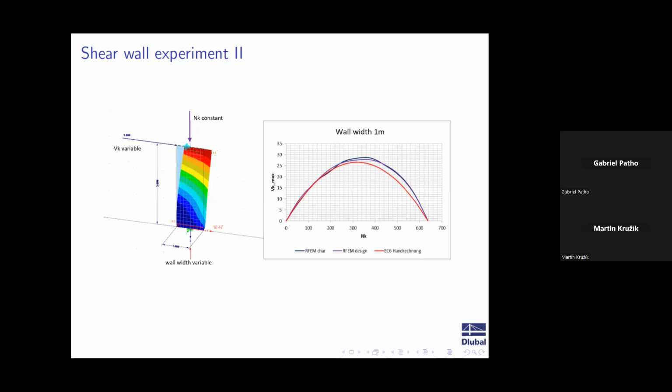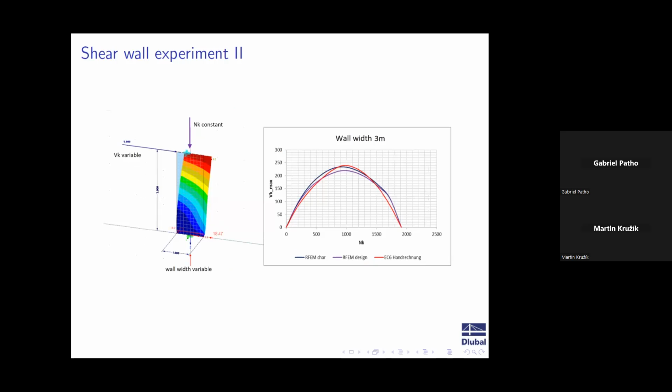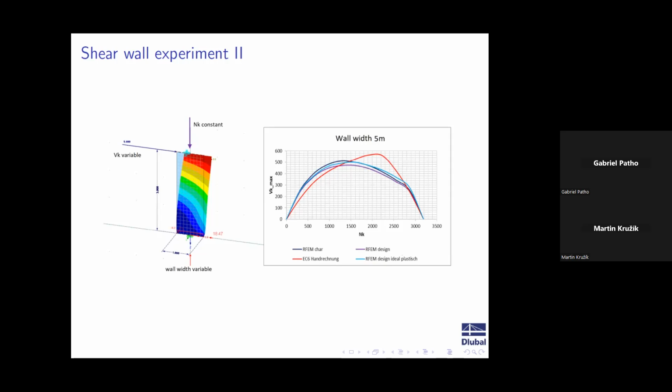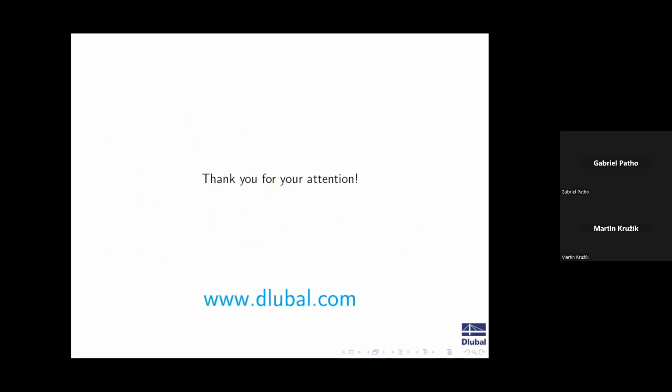So a 1 meter wall, we get very good results. 3 meter wall width, also very good. Where it gets kind of iffy is if you have a wider wall. This is already a little bit different. And I think that's all.